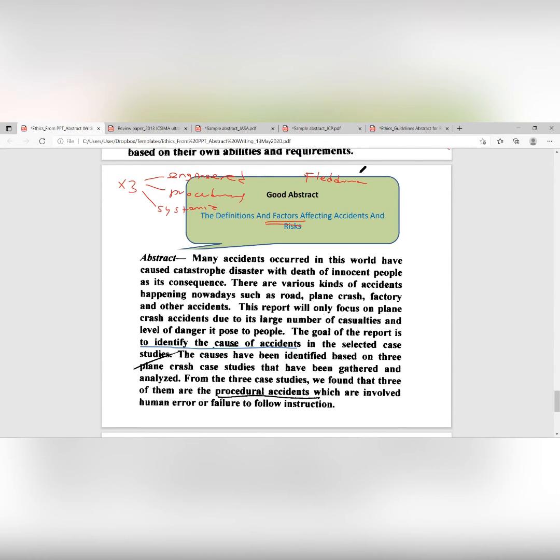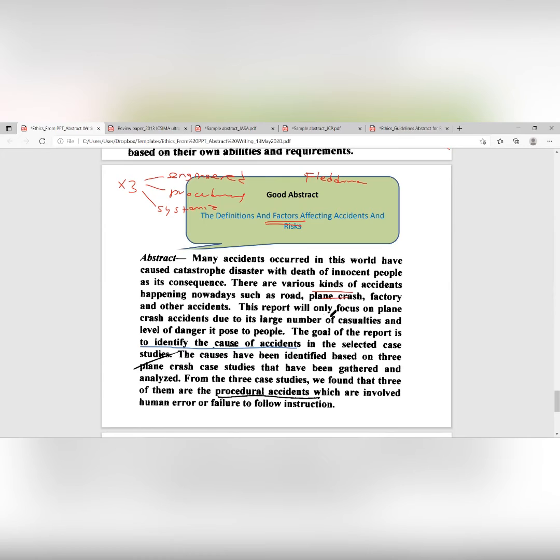So the students select what happened in the plane crash. Plane crash, right? So they identify the cause of this accident from the accidents that happened, such as on the road, plane crash, factory, and other accidents.